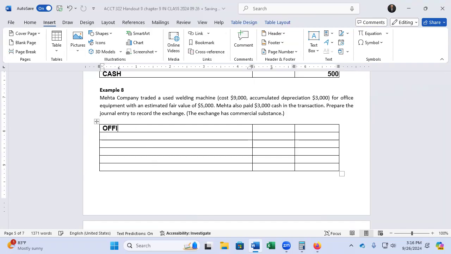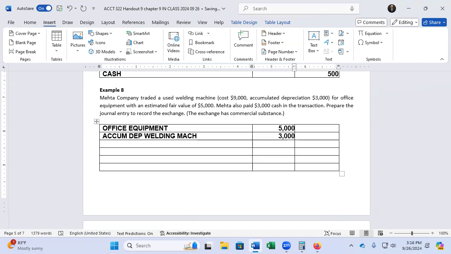So we have office equipment for $5,000. We have to get rid of the accumulated depreciation on the welding machine. And so that was 3,000.